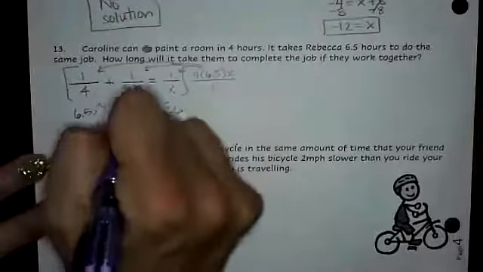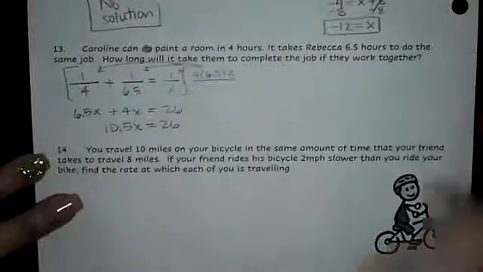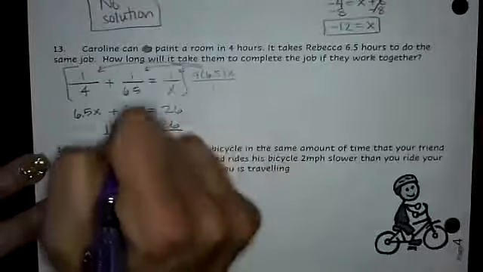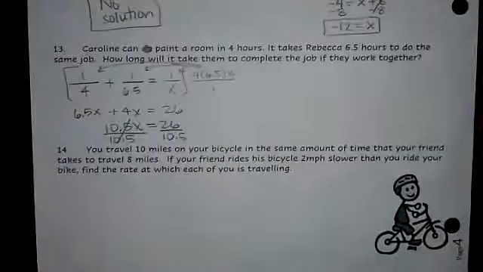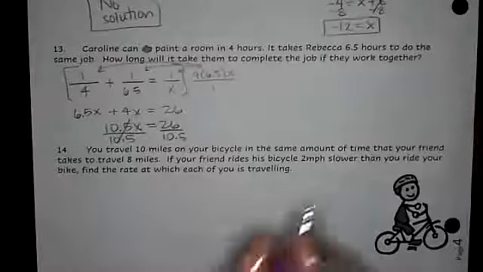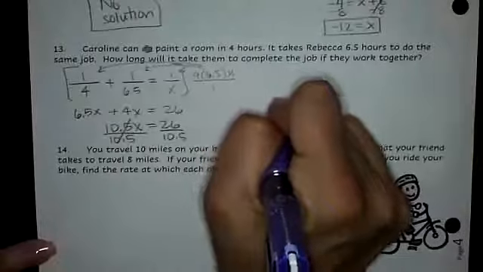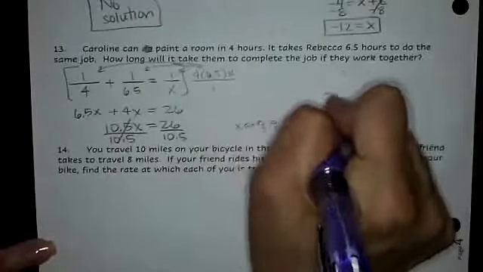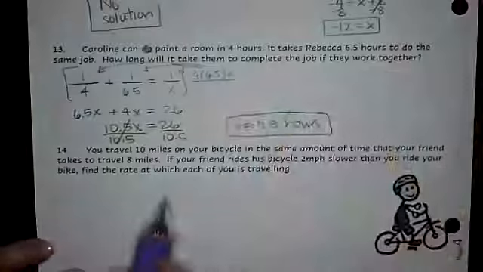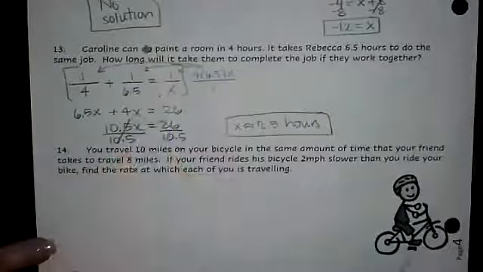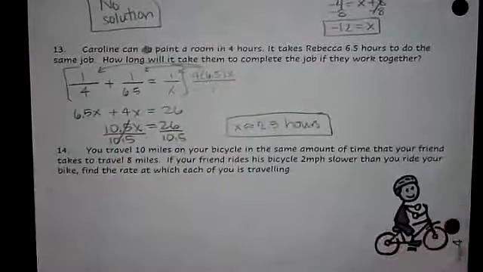I combine my like terms and I get 10.5x, and then I divide by 10.5. And so 26 divided by 10.5 is 2.5. Again, if this gave me something that would make any of these denominators 0, it wouldn't be a true solution, but it didn't in that time.